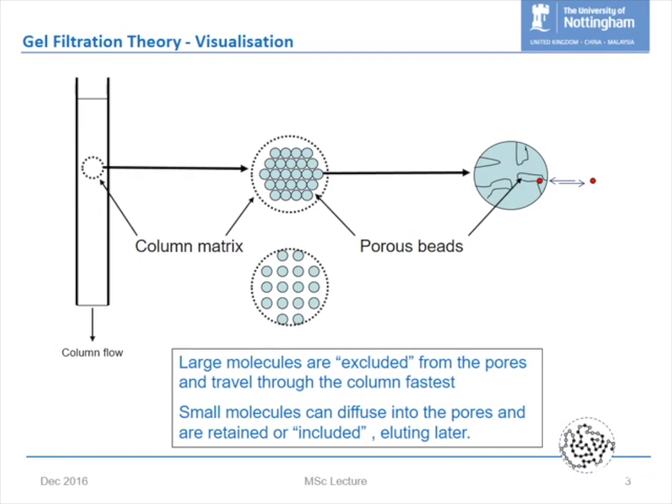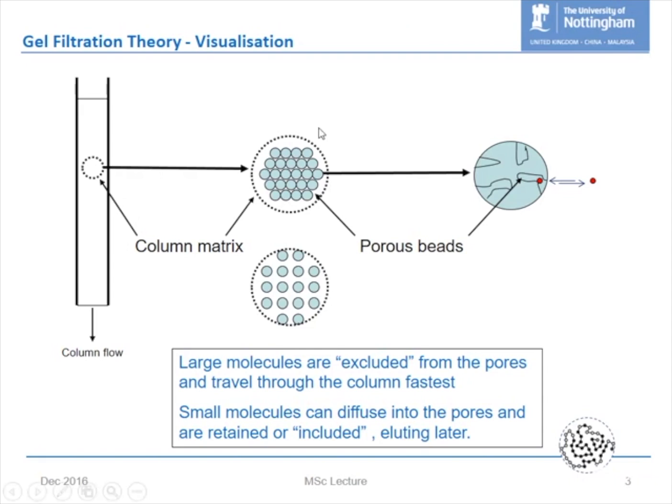And what we would like is a nice homogeneous collection of particles, so we have some control of the flow that goes through our column. It's a nice uniform flow through the whole column.